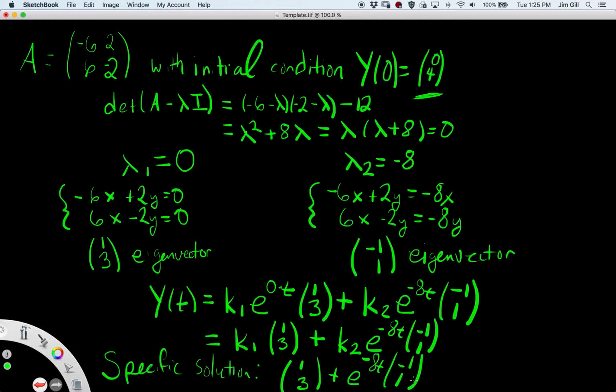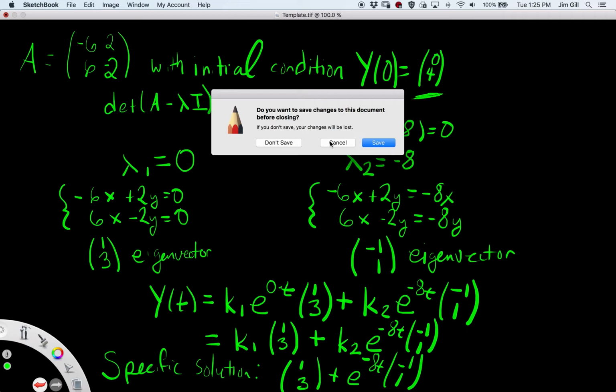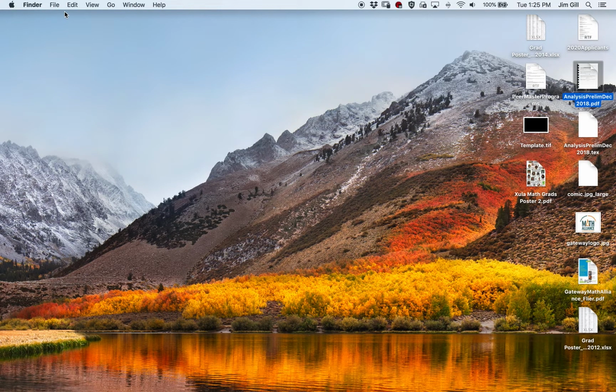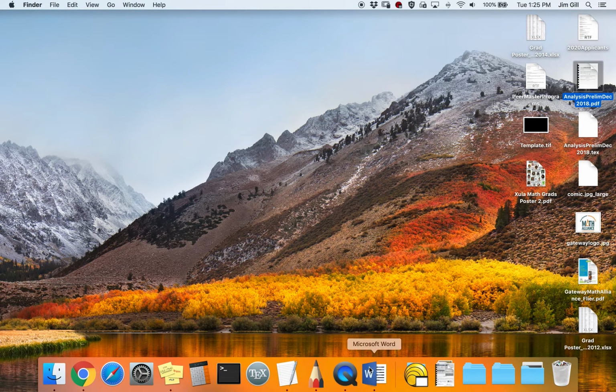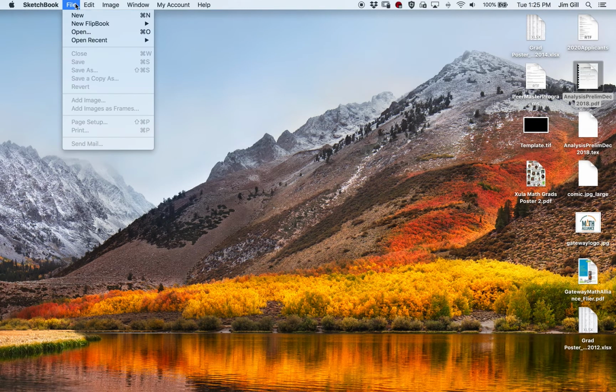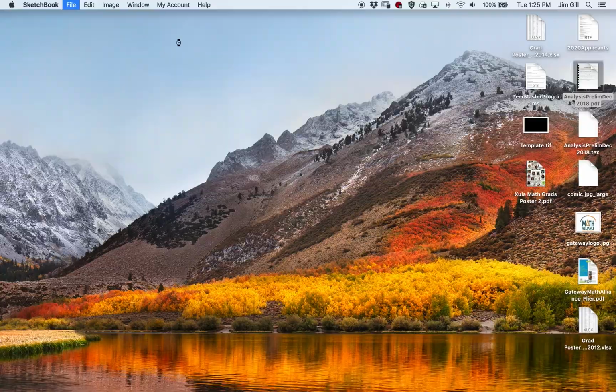Now what I'm going to do is start on a new screen and try to draw the phase plot for the solutions that we have here. So let me get rid of this. I want a black background because I think that works out a little better. There we go.